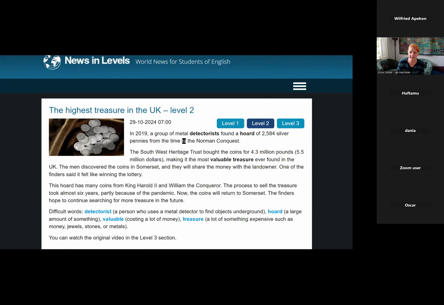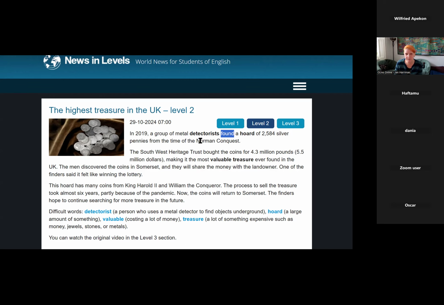Now we've got, in 2019, a group of metal detectorists found a hoard of 2,584 silver pennies from the time of the Norman conquest. Now look at that complex sentence. Where are the verbs in this sentence? There has to be one to make the sentence work. So this is my favorite game. Find the verbs.